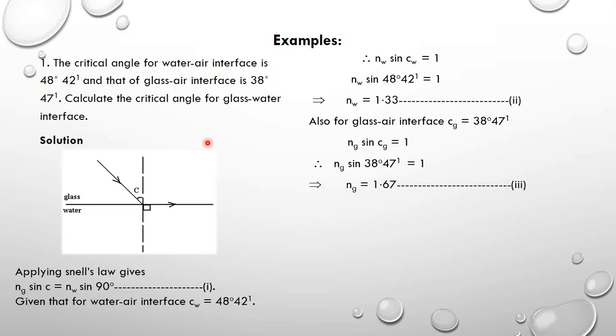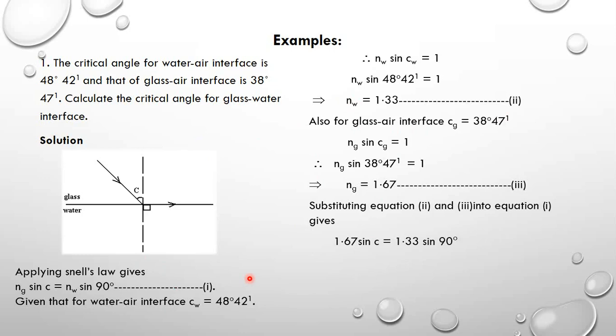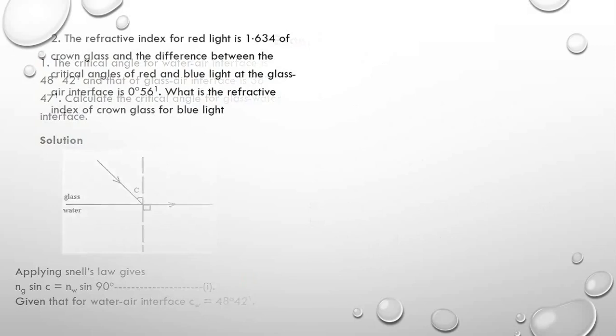After getting that, we are going to substitute for N_W and N_G in equation 1. When we substitute, we shall get 1.67 sine C is equal to 1.33 sine 90 degrees. Then we shall get our C as 52.8 degrees.